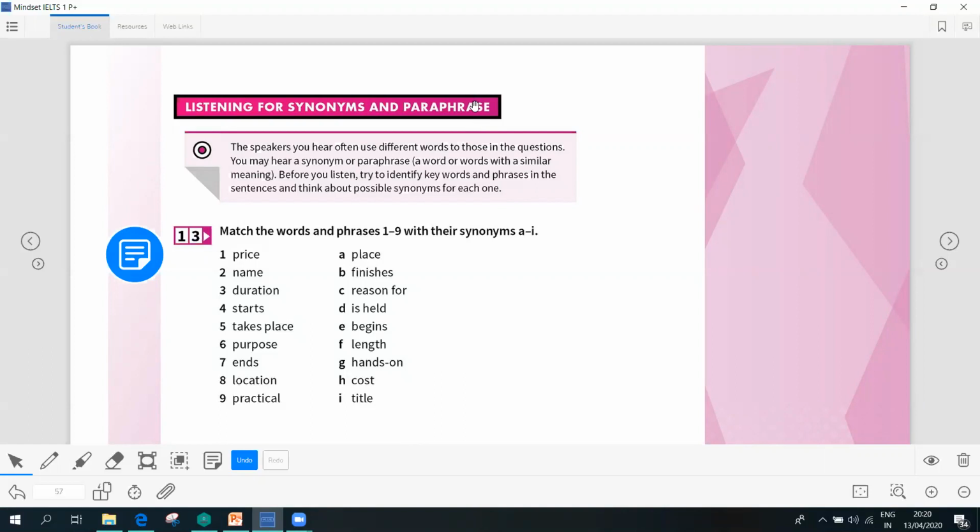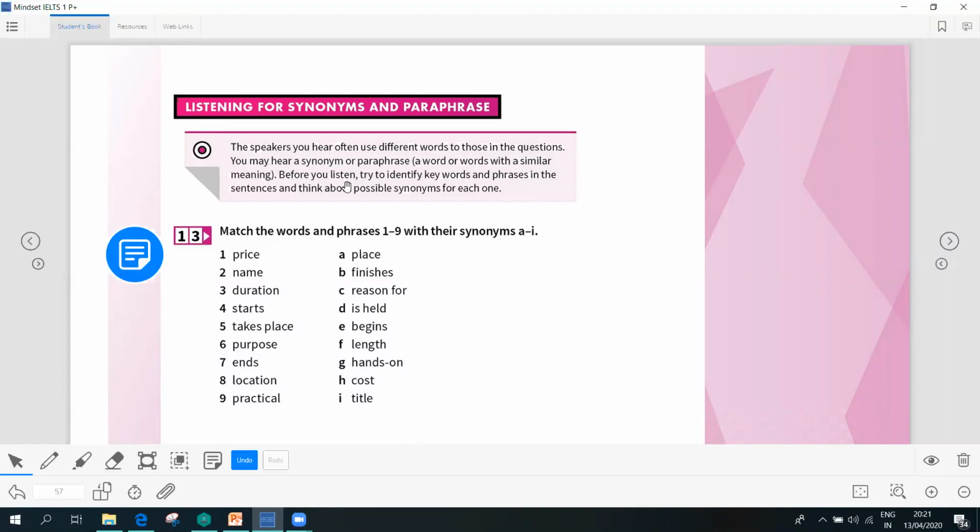So if you don't know how to identify synonyms or paraphrases, then it will be difficult for you to find the correct answer. Let's read the information here. The speakers you hear often use different words to those in the questions. You may hear a synonym or paraphrase, a word or words with a similar meaning.